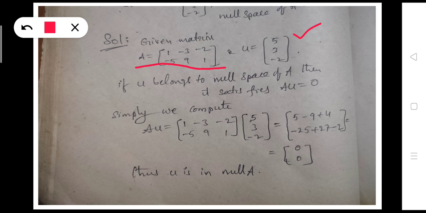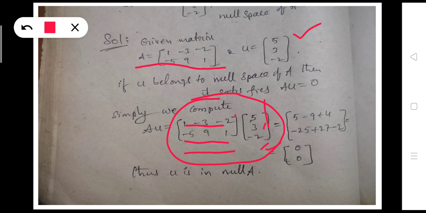The product Au: A is [1, -3, -2; -5, 9, 1] and u is (5, 3, -2). Multiplying a row of the matrix by the column, we get 1 times 5 is 5, minus 3 times 3 is minus 9, minus 2 times minus 2 is plus 4.